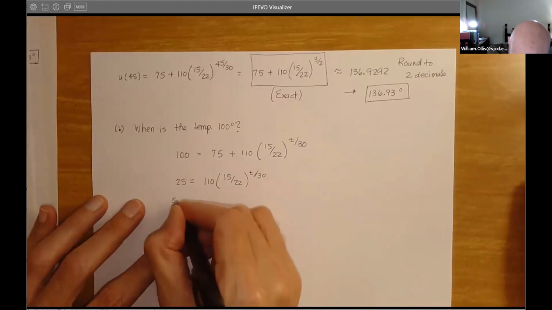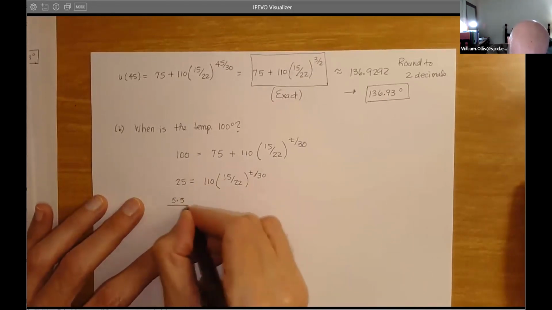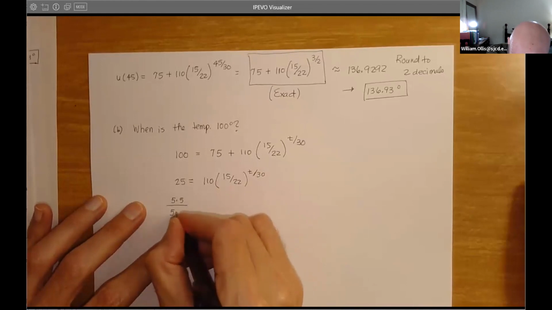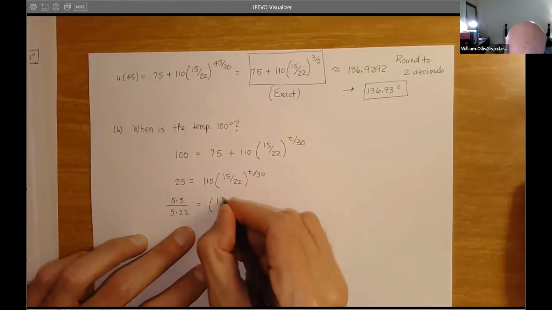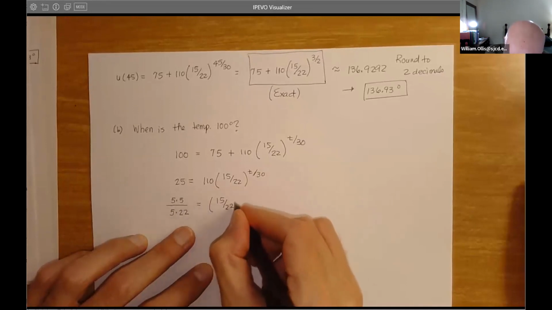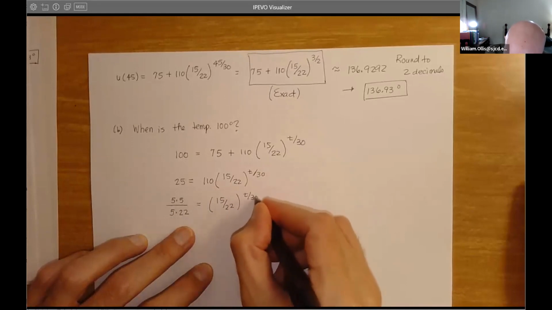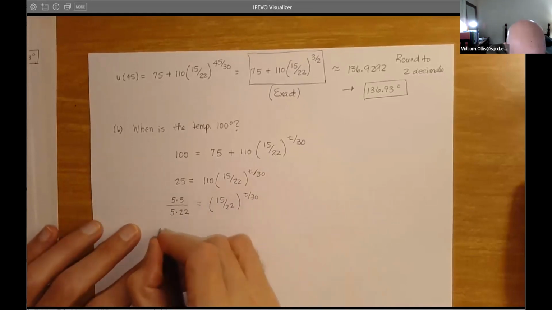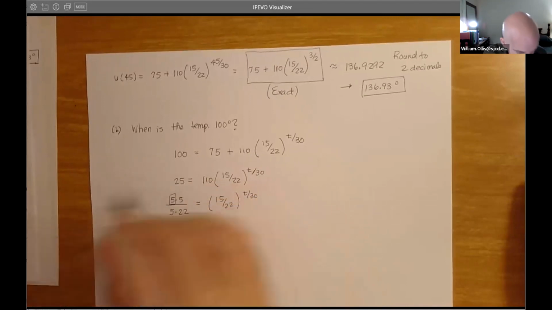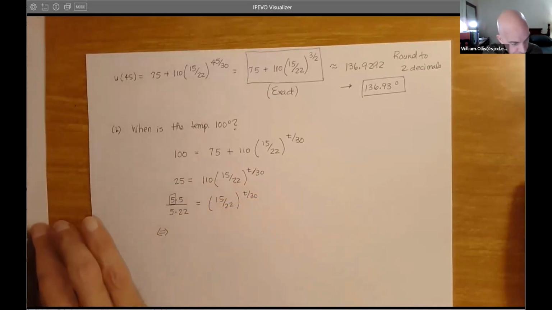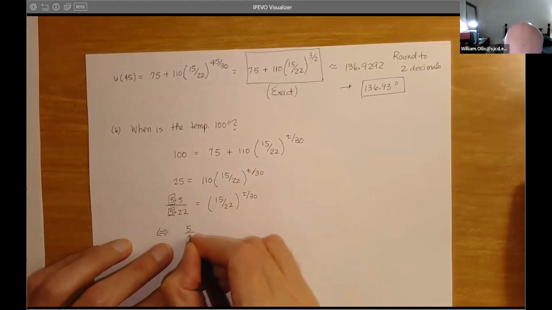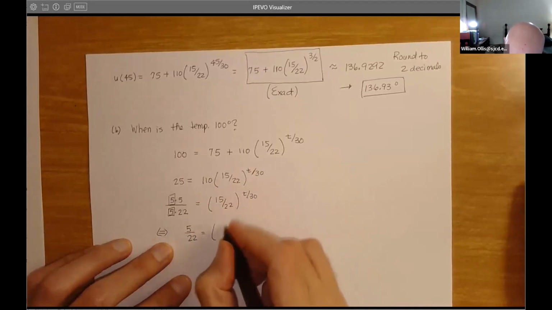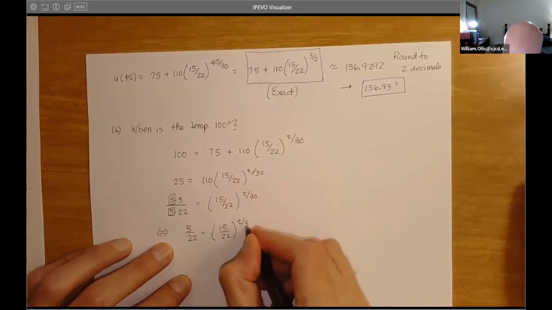We got 5 times 5, and then we have 5 times 22, right? Equals (15/22)^(t/30). But now, of course, the 5's absorb, and we get 5/22 equals (15/22)^(t/30).